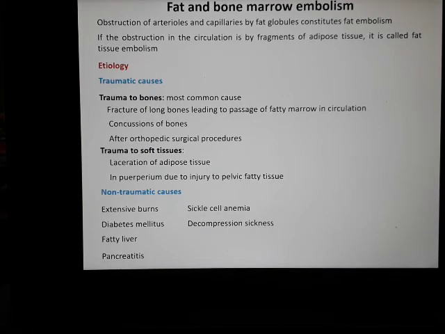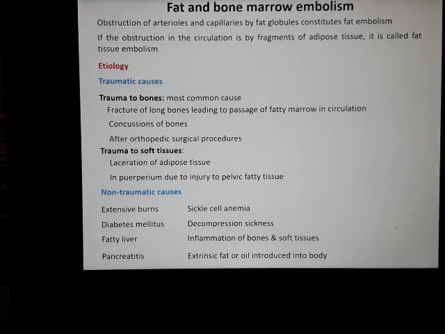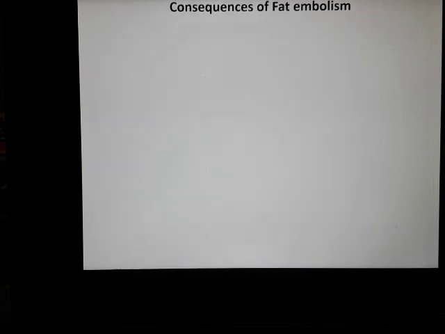Decompression sickness, I will come to the detail later on how it causes fat embolism. It mainly causes gas embolism, but there may also be chances of fat embolism. Inflammation of bones and soft tissues. Extrinsic fat or oil introduced into the body. Hyperlipidemia, and cardiopulmonary bypass surgery. So these are the non-traumatic causes which may cause fat and bone marrow embolism.